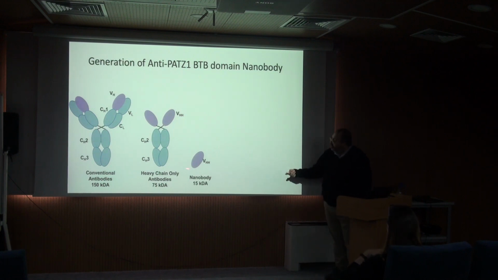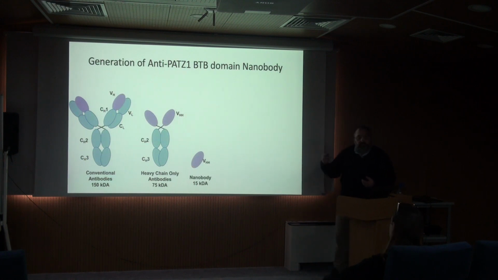So you can clone just the antibody binding part, and that makes a very small protein, one tenth the size of a normal antibody, which has some advantages. First of all, it increases affinity because it can go into small antigen binding sites that a normal antibody cannot bind. And expression in heterologous systems becomes much easier.